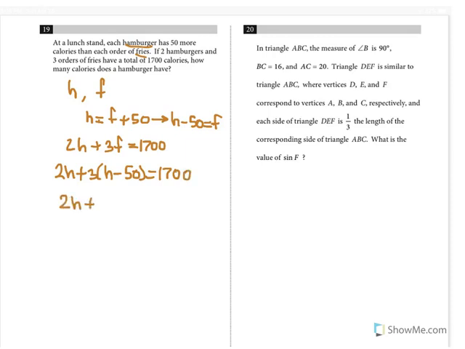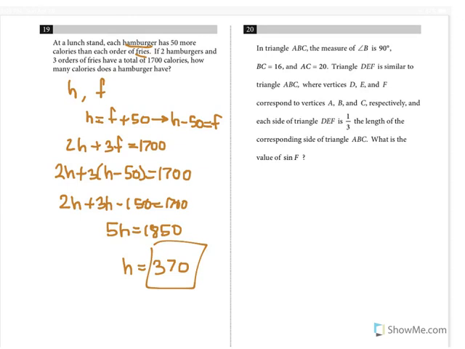So 2H plus 3H minus 150 equals 1,700, meaning we have 5H equals 1,850. So H equals 370 calories, 370 calories for each hamburger.